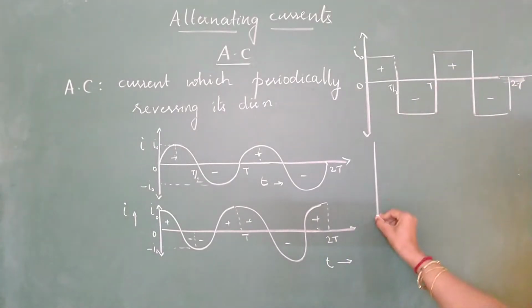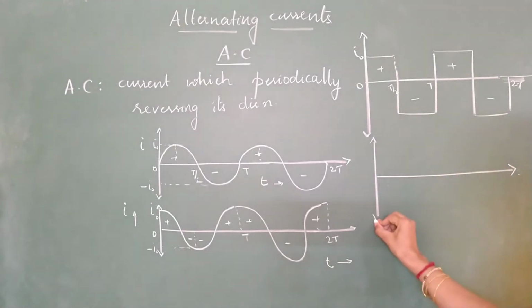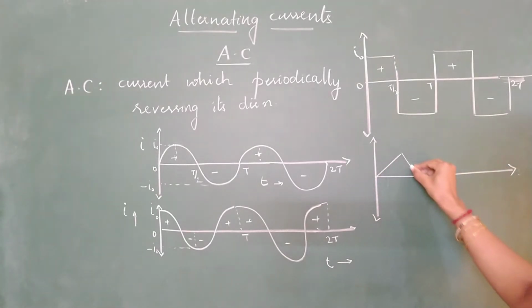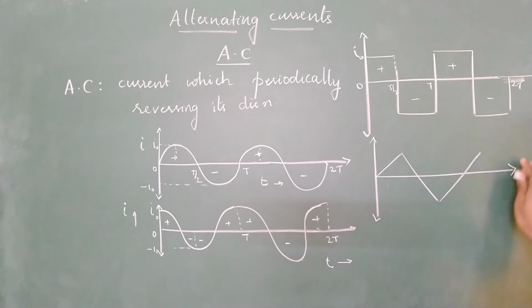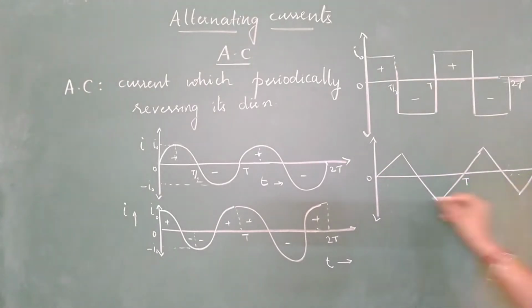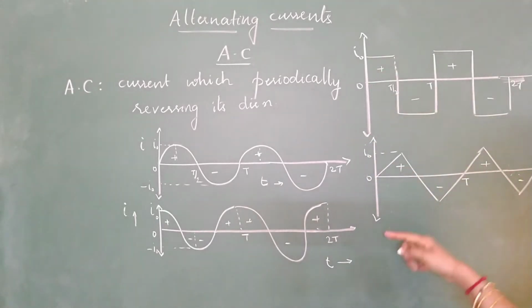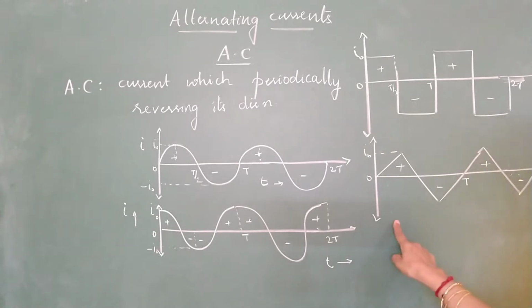Then next, triangular. This also represents an alternating current, plus and minus, where the amplitude is plus I0 and minus I0.